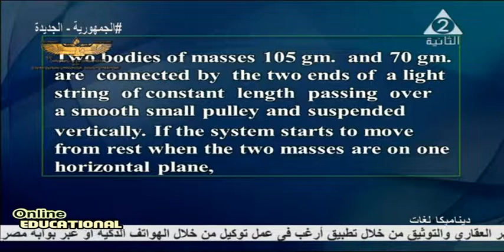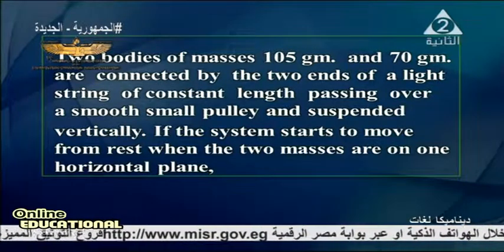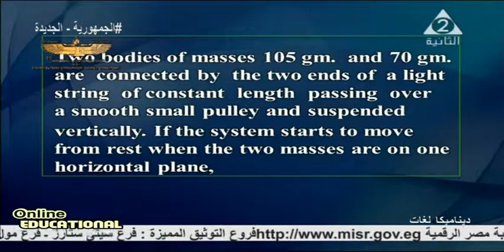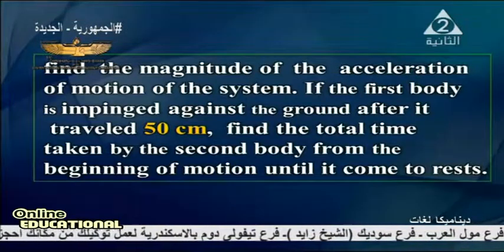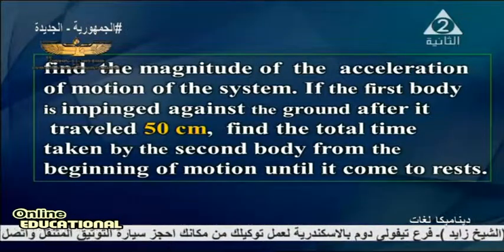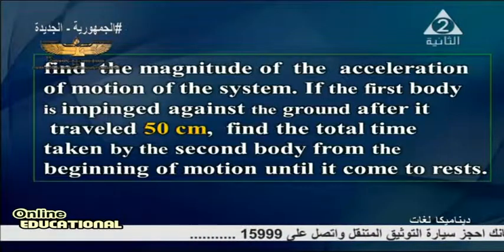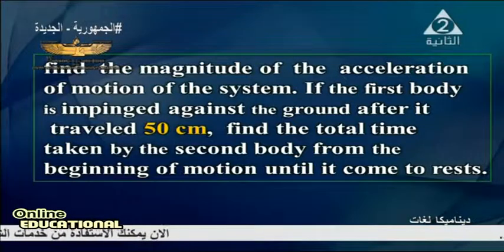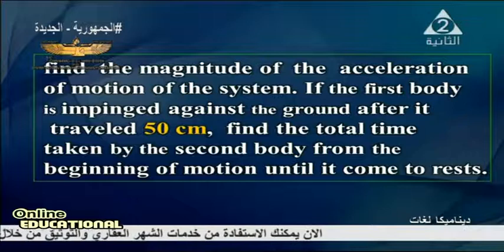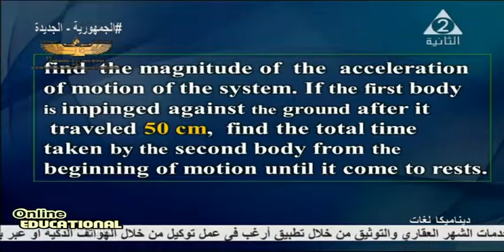If the system starts to move from rest when the two masses are on one horizontal plane, find the magnitude of the acceleration of motion of the system. If the first body impinges against the ground after it traveled 50 centimeter, find the total time taken by the second body from the beginning of motion until it comes to rest.